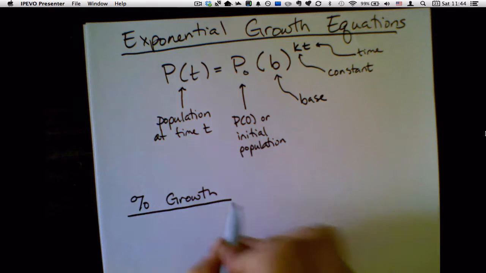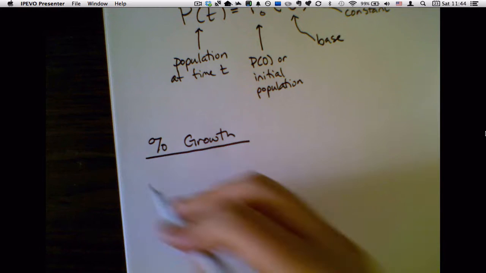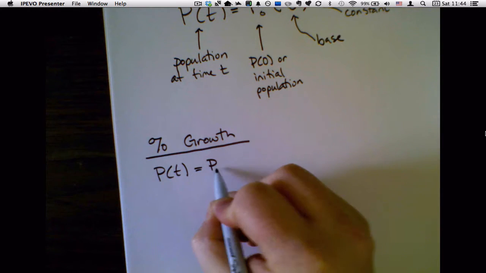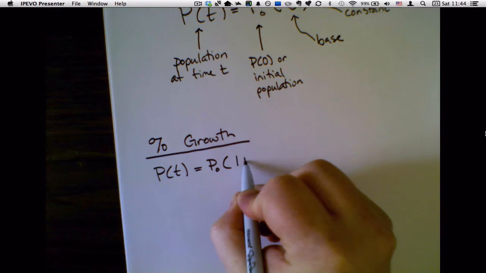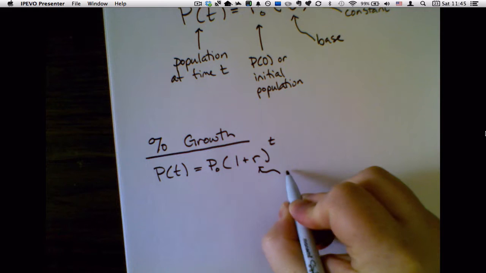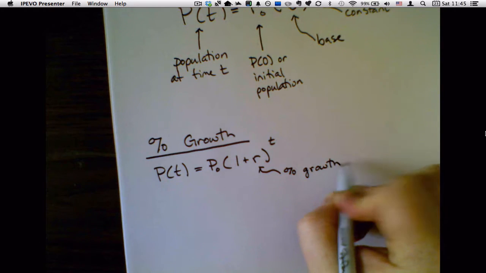So if you've got a word problem that involves a percent of growth, you would write the population at time t equals your initial population times 1 plus r to the t, where r is your percent of growth, or decay.